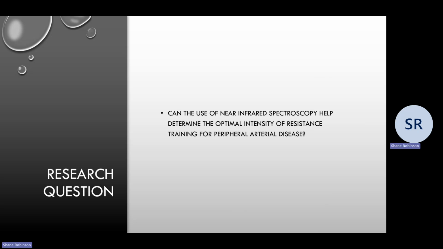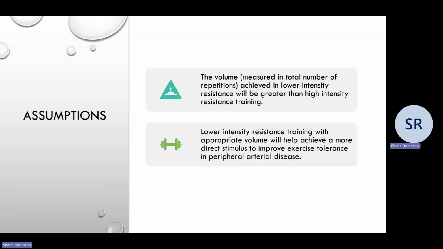That leads into my assumptions, my hypotheses. My first one is that the volume, measured in total number of repetitions achieved, will be greater in the lower intensity resistance group compared to the high intensity resistance training group.